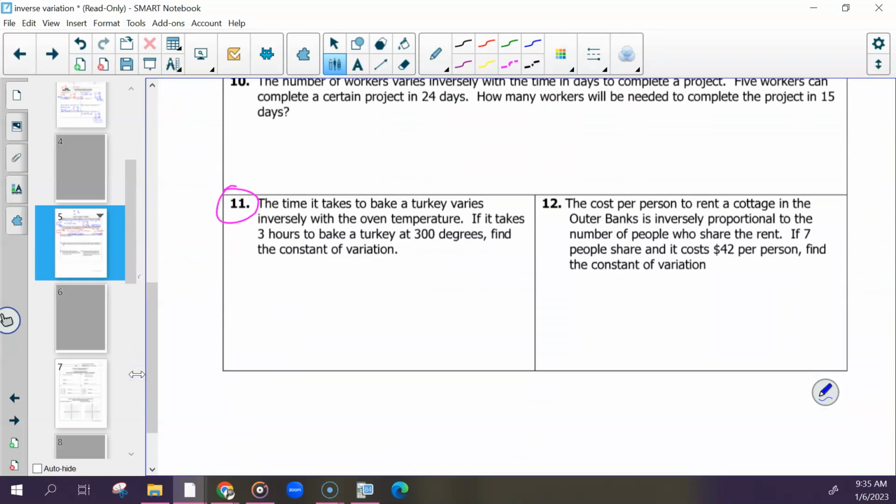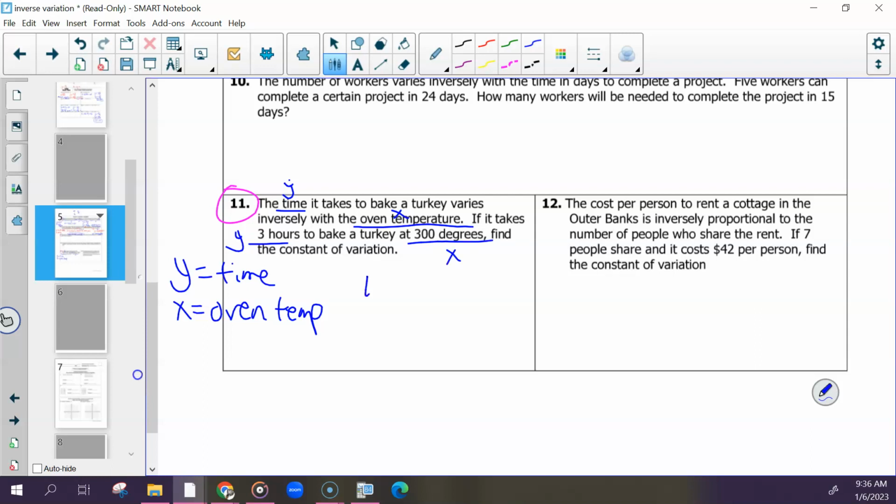The time it takes to bake a turkey varies inversely with the oven temperature. The time would be our y, oven temperature would be our x. It takes 3 hours to bake a turkey, so that would be our y at 300 degrees.